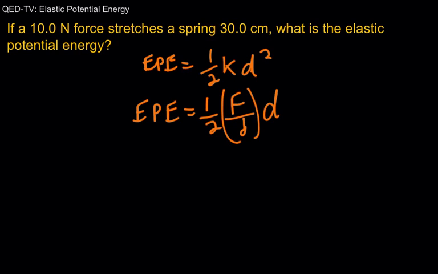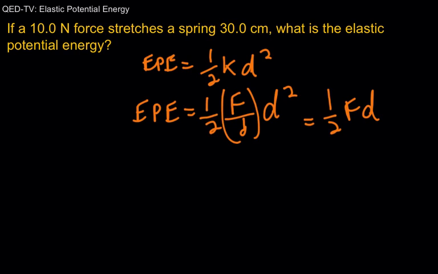So times D squared, and one of my D's would cancel out, and I could have 1/2 times the force times the displacement. I can only do that in this example where I'm trying to figure out the elastic potential energy at the displacement that the force is stretching it.